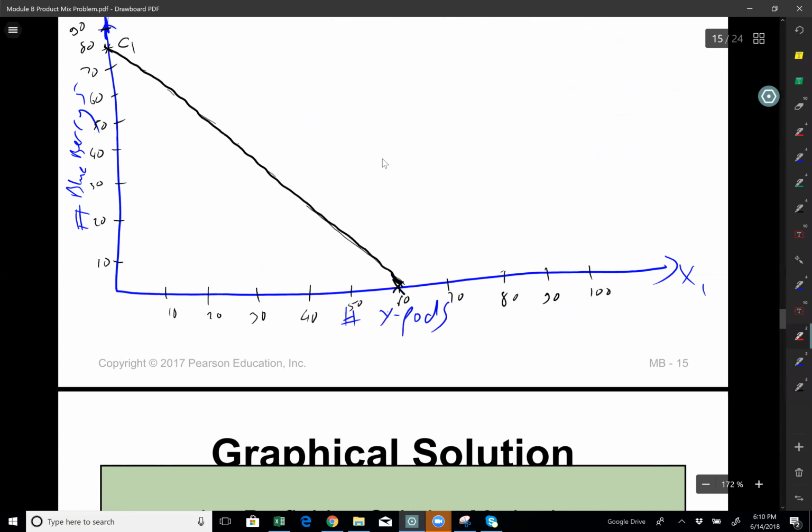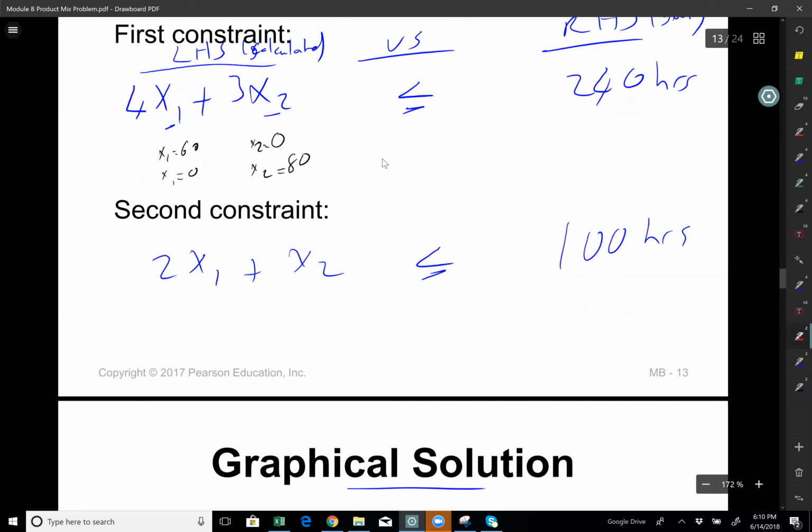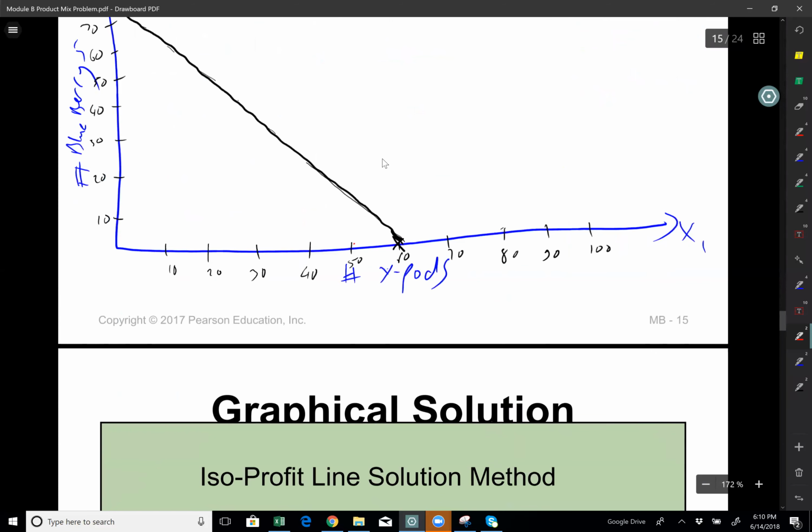Let's draw my second constraint, which is 2x1 plus x2 equals 100. We convert inequalities into equations again. So if I put x2 equal to 0, then x1 will be 100 divided by 2, which is 50. Let's put that 50, 0, which is right here.